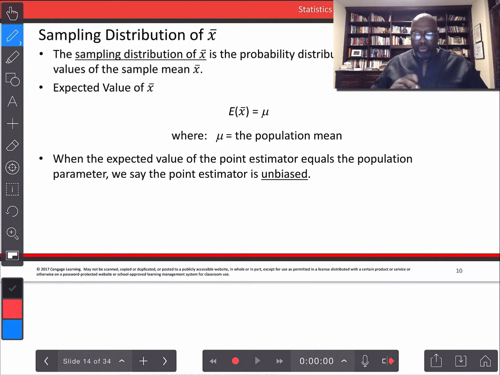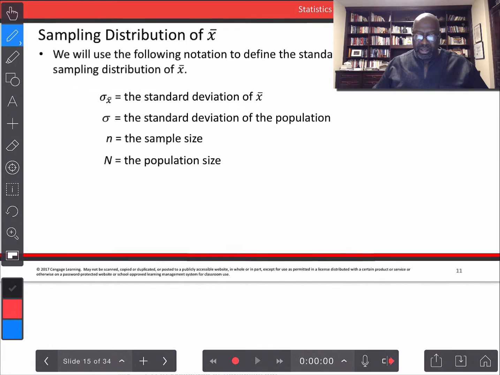So I've already mentioned the sampling distribution of X bar, that there are two cases that we could talk about. For the sampling distribution of X bar, we would denote its mean by mu X bar and its standard deviation by sigma X bar. Population mean mu, population standard deviation sigma, and so forth.